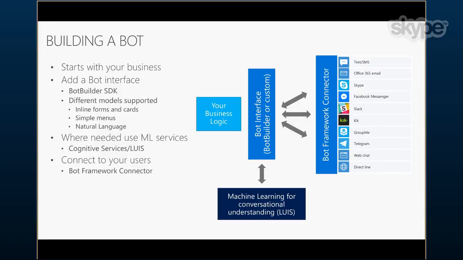So you decide as a developer exactly which service or services you want to light your bot up on. By default, as I've mentioned, you get Skype for free, but you could turn that off, but it gets turned on by default. But then for each of the additional services, whether it's Facebook or Telegram or GroupMe or Kik or text or email, you decide which of these channels you want to light up for your bot.